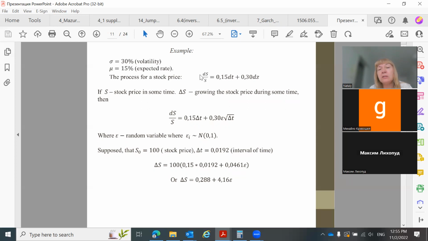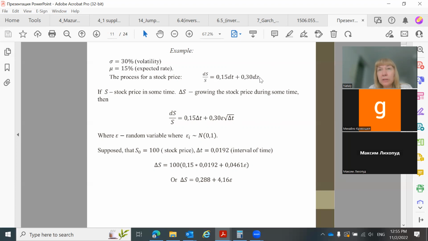Yes, dS divided by S equals mu dt plus sigma dz. Mu is 15% and sigma 30%. So we have this differential equation with concrete constants.